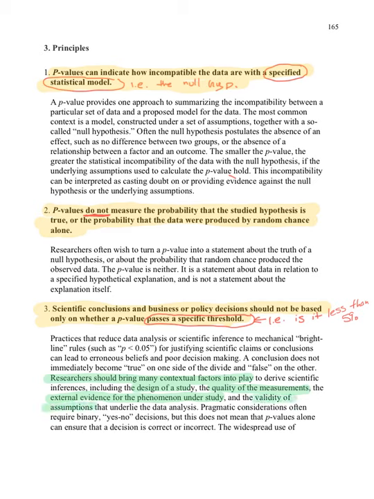So all that plays a role, or should play a role. So while often final decisions do require some sort of yes, no, thumbs up, thumbs down decision, that does not mean that the p-value alone can ensure that that decision is either correct or incorrect. It's one tool to use in your decision making.